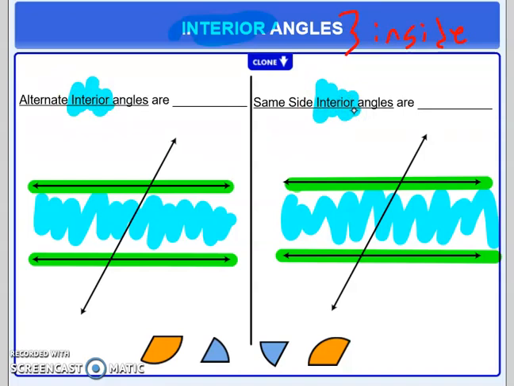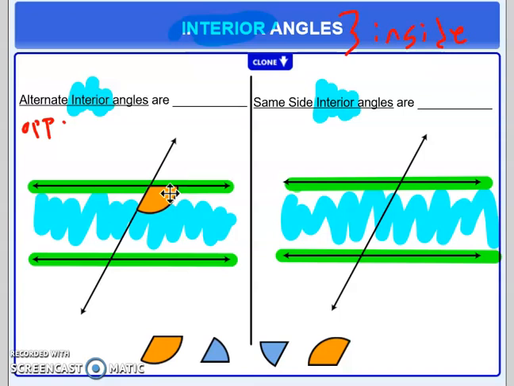So we have this key phrase, alternate interior angles. So alternate means opposite. So I'm just going to write opposite, or OPP. So the opposite interior angles. So for example, if I have this angle right here, notice how it's in that blue section, it's in the interior, right?